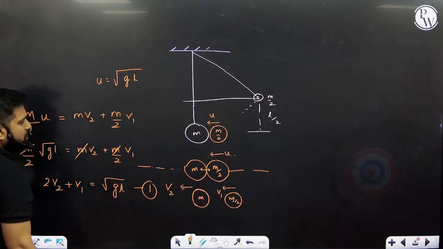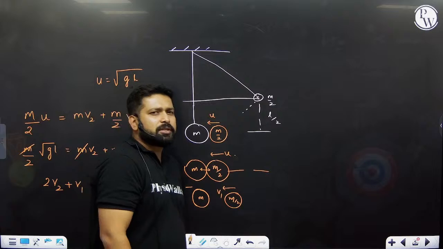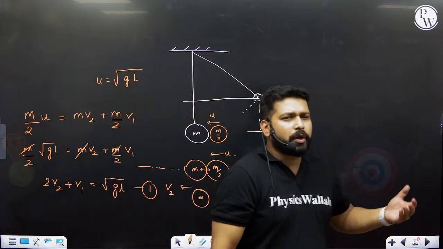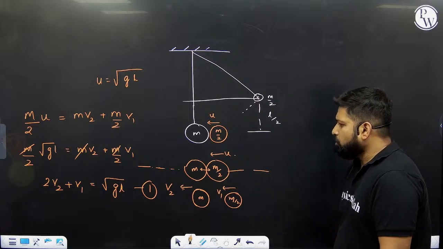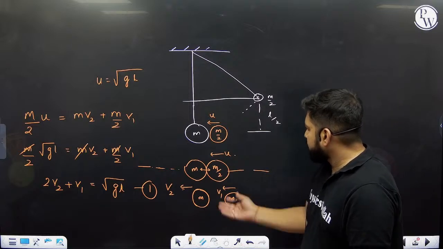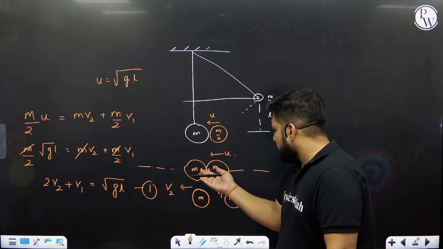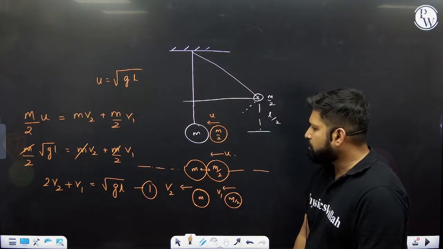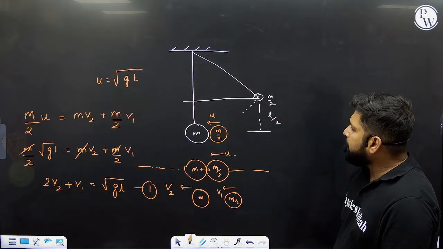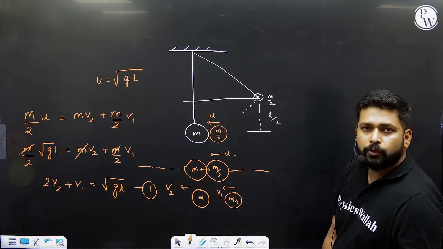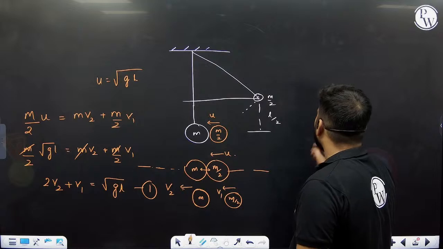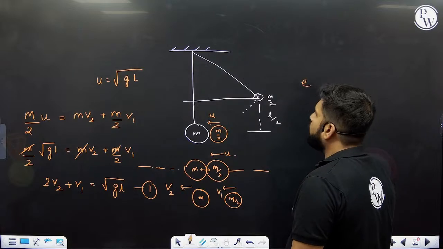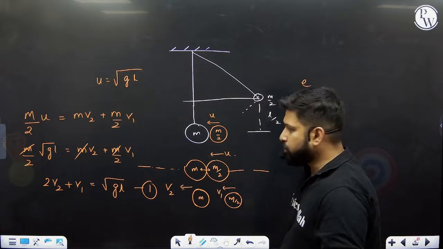Whenever we are dealing with such situations, we always have two equations to take care of. The first is the equation of conservation of momentum, because the normal forces are acting and you can conserve momentum along this direction. The second is the coefficient of restitution formula, where e is the relative velocity of separation divided by the relative velocity of approach.